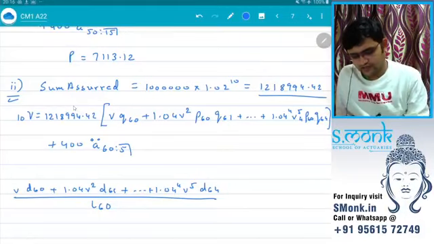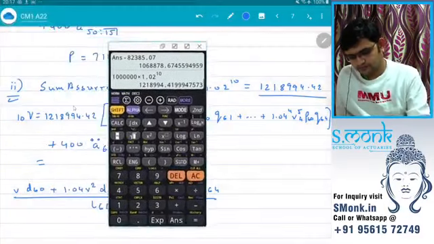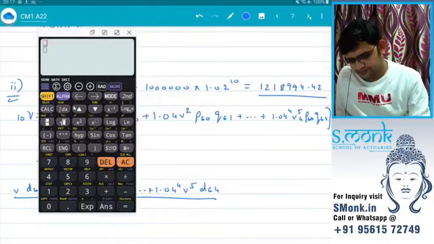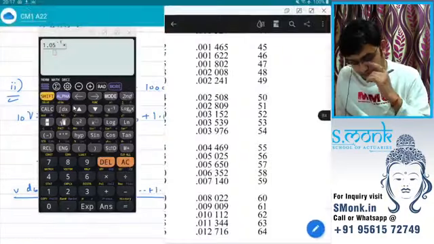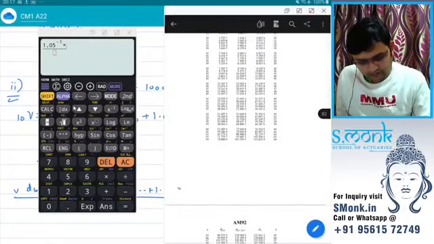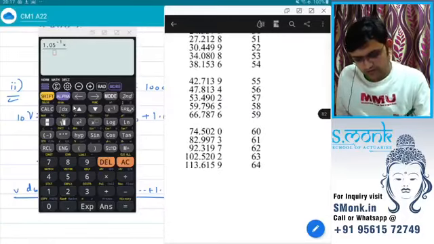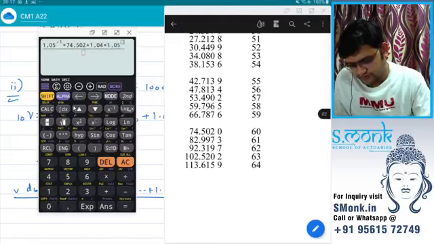So this is what we'll calculate, and I'll directly write it here. v is at 5%. D60 plus 1.04 into 1.05 raised to minus 2 D61.